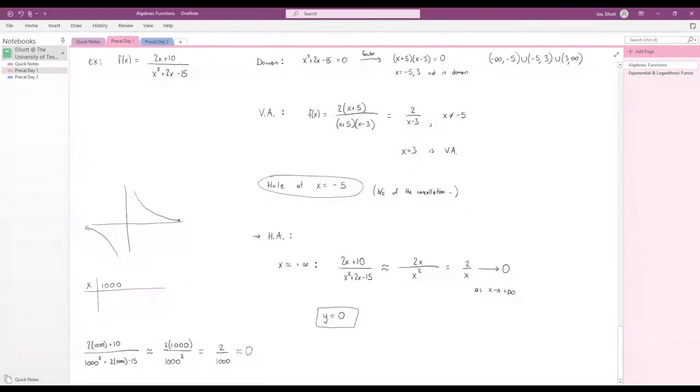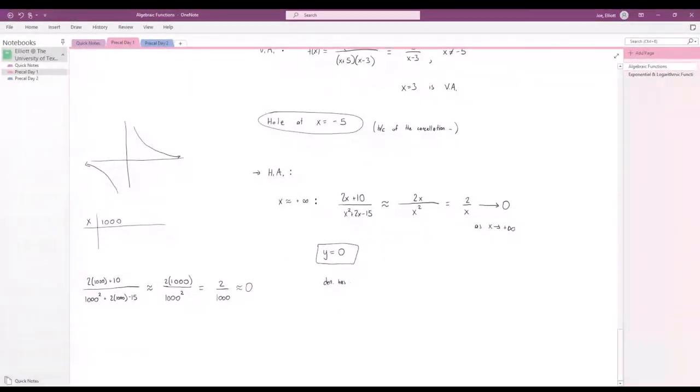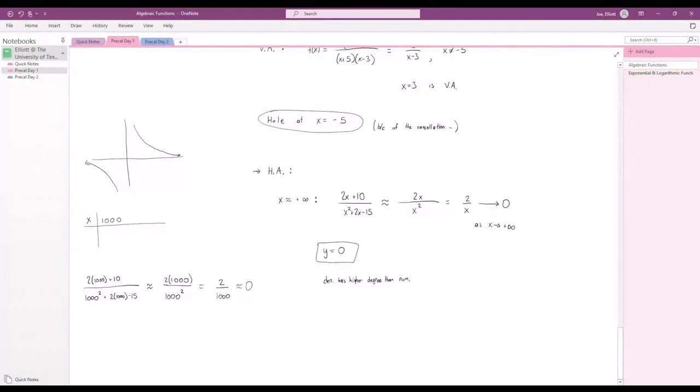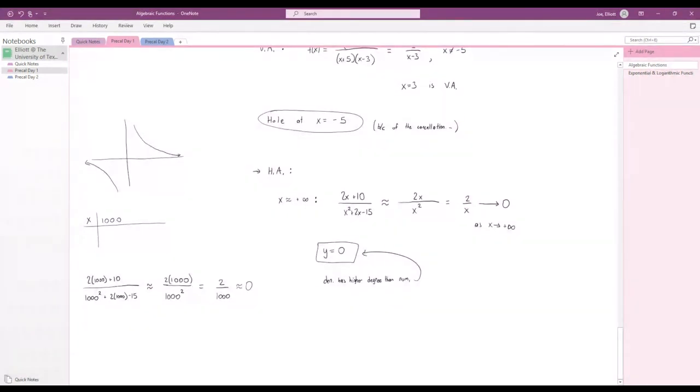What this problem boils down to is that your denominator has a higher degree than the numerator. When the denominator has a higher degree for rational functions, that leads to a horizontal asymptote of y equals 0.